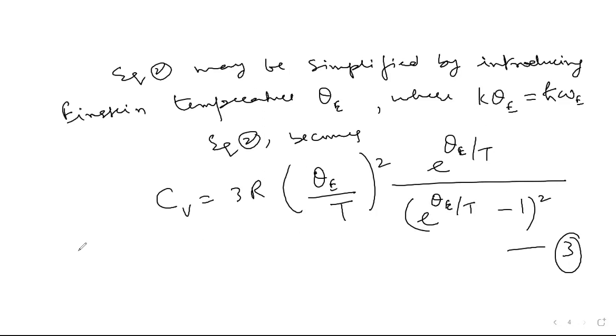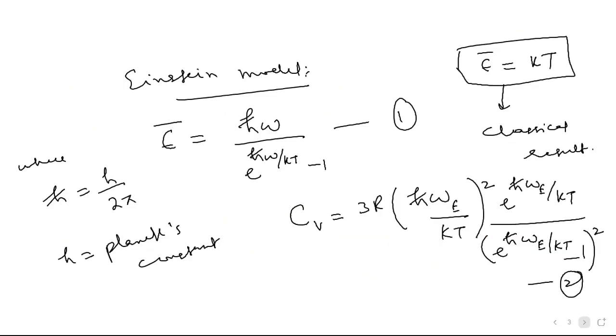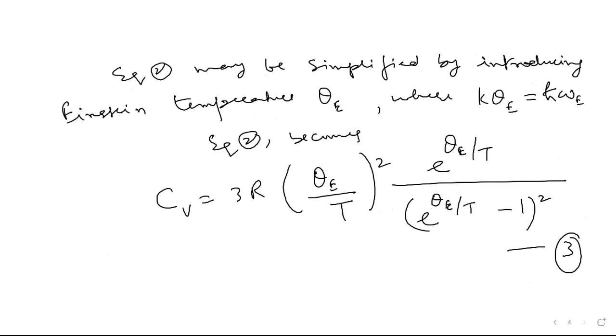Now, if we plot Cv versus T using this equation obtained from Einstein's model, we obtain a curve of the same general shape as in figure 1.